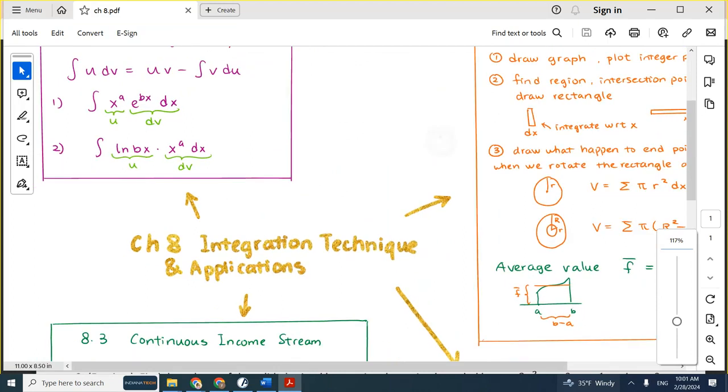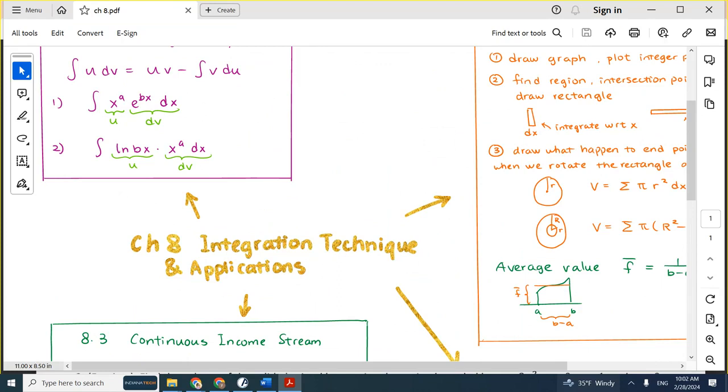It's only for two types of problems. If you see a power function times an exponential function, you let u be the power function, and dv be the exponential function. The second type is a power function times natural log. Then you let u be the natural log, and the remaining part be dv. It's only those two types of functions.